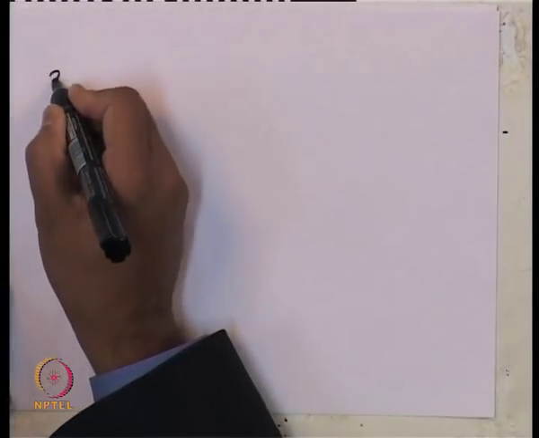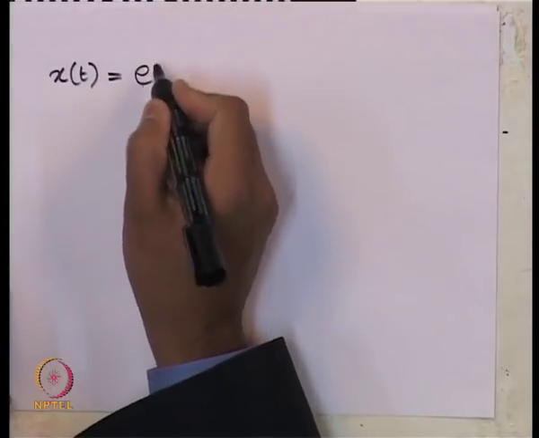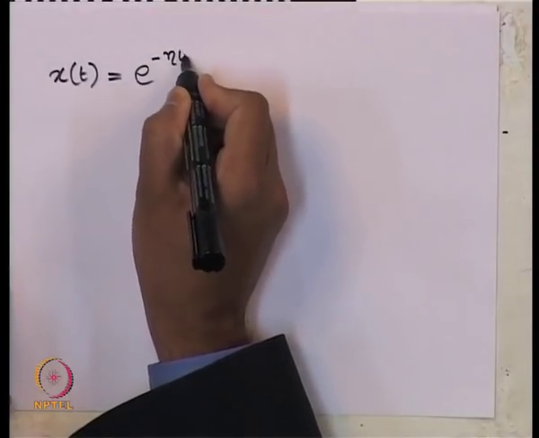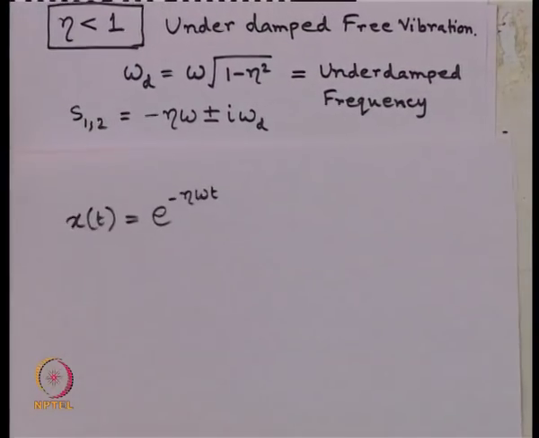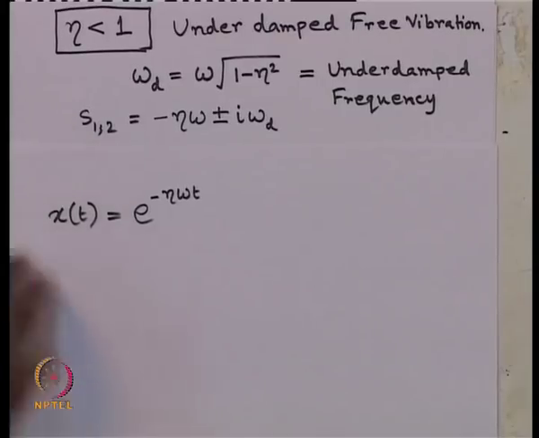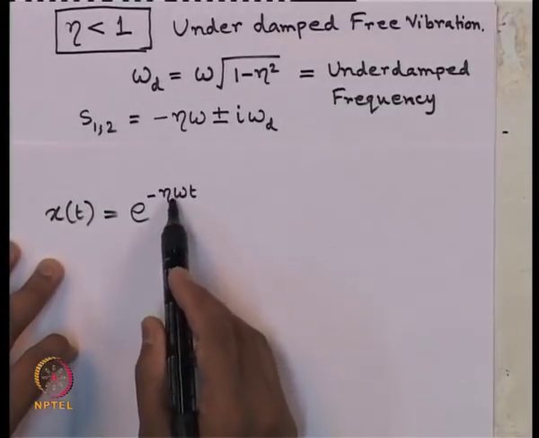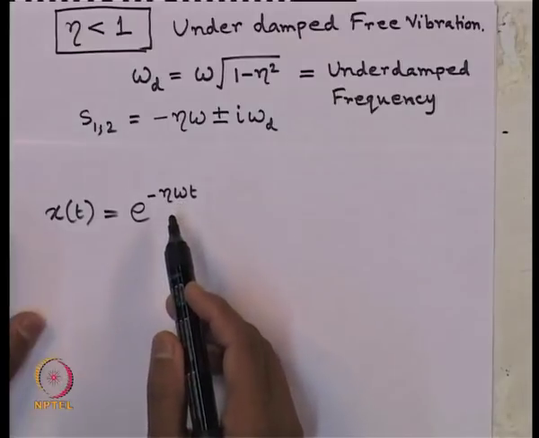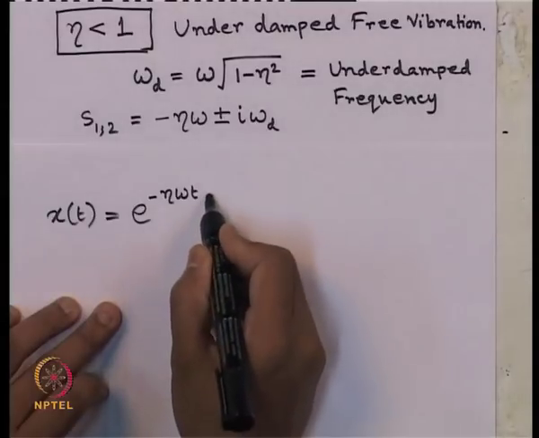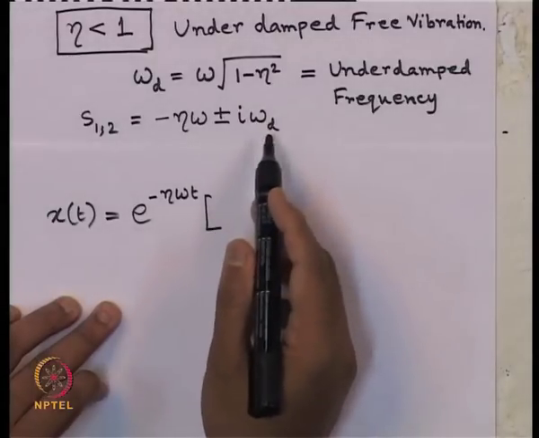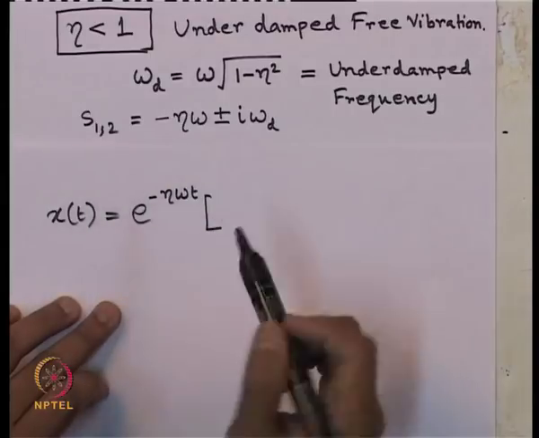So, the solution will be x of t equals e to the power minus eta omega t. Let me show the roots once again here, so that it will be easy for us to follow. So, for s1 or s2, e to the power minus eta omega t times we have the imaginary function. So, it is in the form of complex conjugate roots.